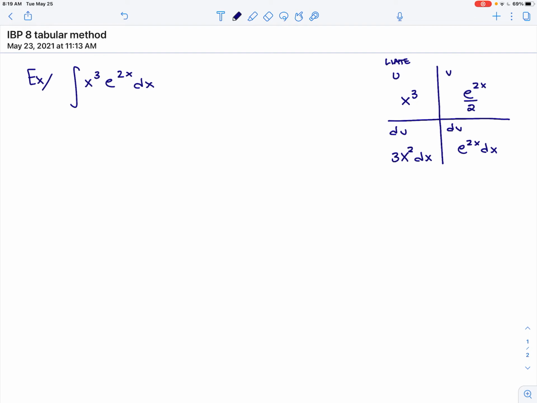Okay, so this equals 1/2 e to the 2x x cubed minus 3 over 2 e to the 2x x squared dx.